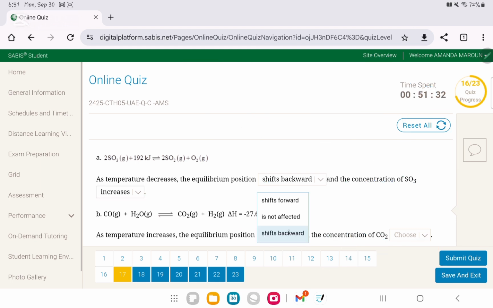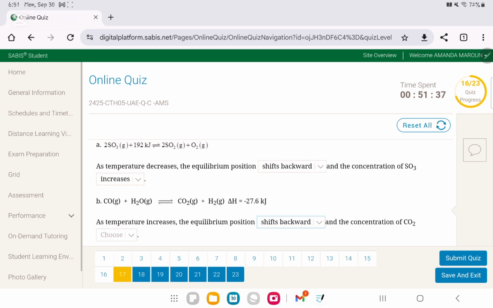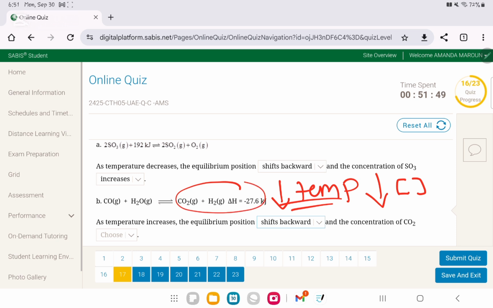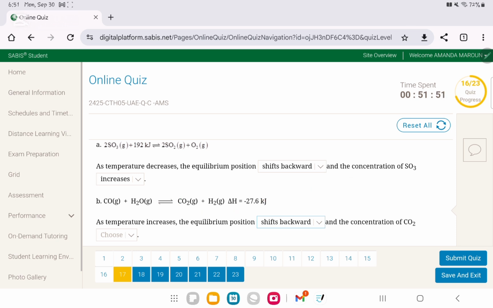So as the temperature increases, the equilibrium position shifts backwards, and here we decrease the temperature. Definitely the concentration in the products will decrease. So the concentration of CO2 decreases.